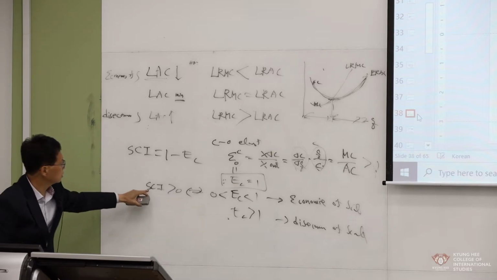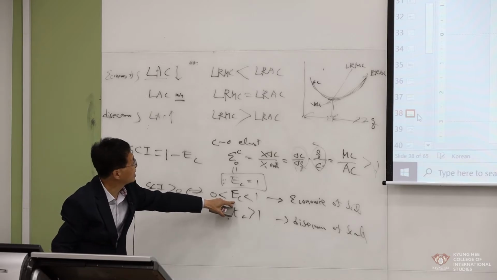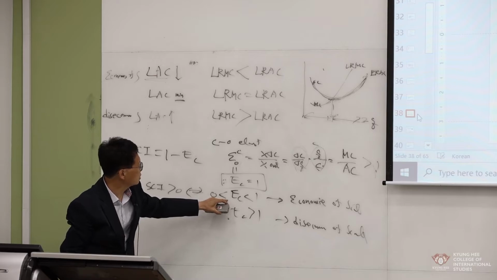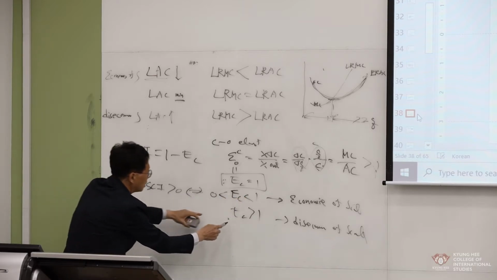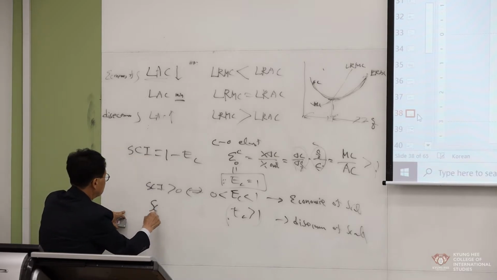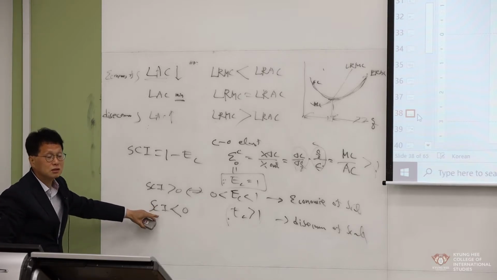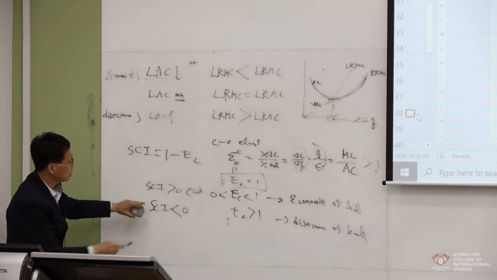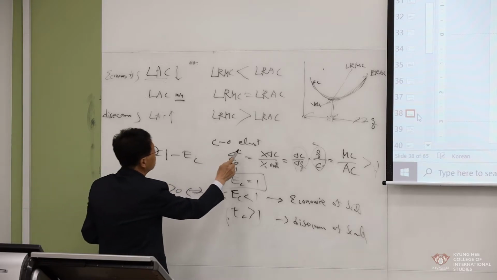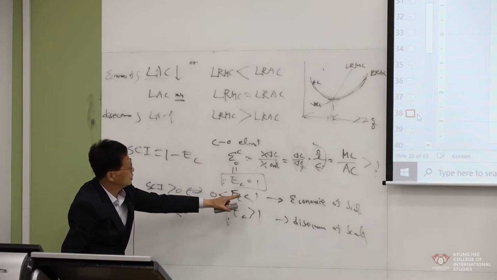Economies of scale is positive. Positive economies of scale, then EC, the output elasticity of cost, is higher than 0, less than 1. And then what happens? EC is higher than 1. SCI, scale economies index, is negative. So this is diseconomies of scale. So I introduce output elasticity of cost, or cost output elasticity like this, and define EC.